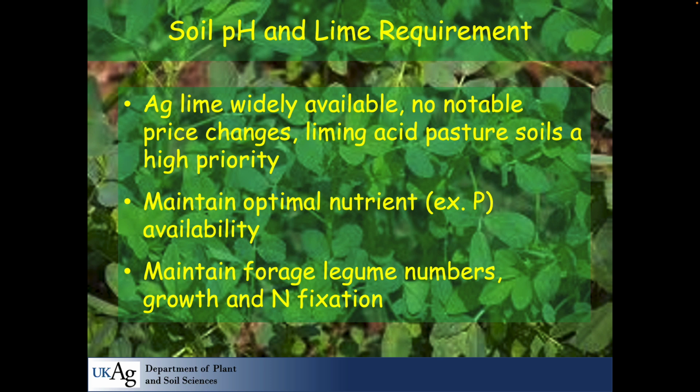It's that background utility, that background part of the house. You want to maintain forage legume numbers, you need to have reasonably good pH to encourage their growth and the nitrogen fixation, because those nodules, those bacteria, like a higher pH to do their work.